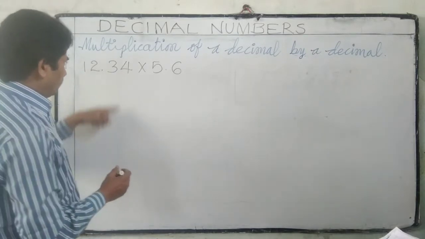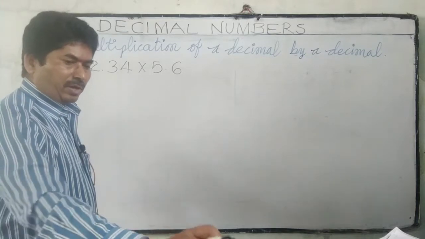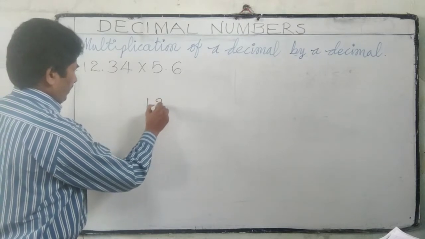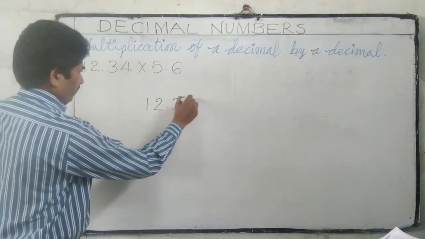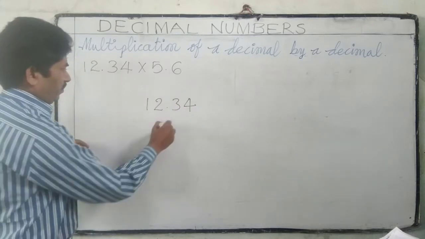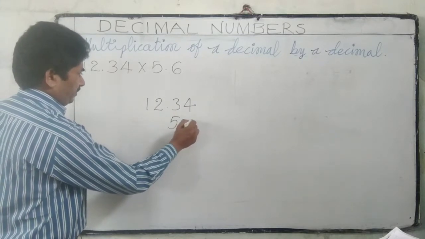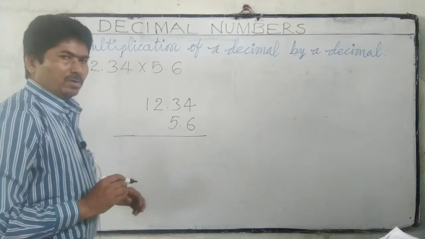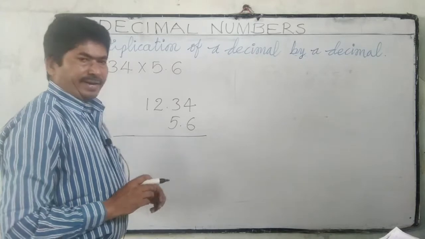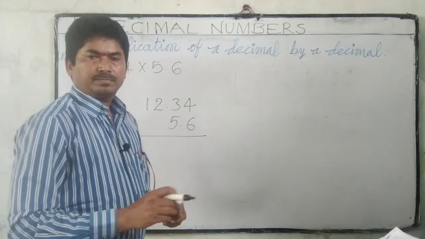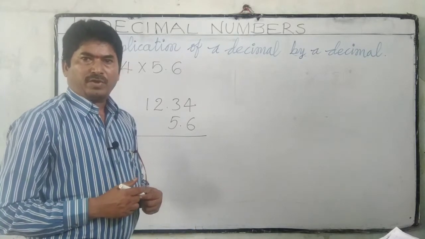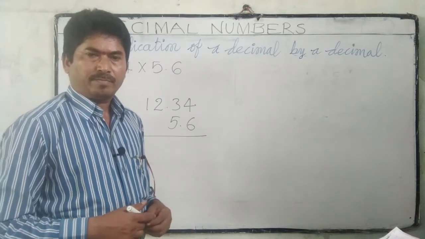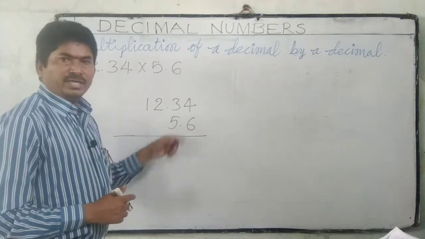First we have to write these numbers in column. 12.34, 5.6. To multiply decimals, we follow just like whole numbers, ignoring these decimal points.